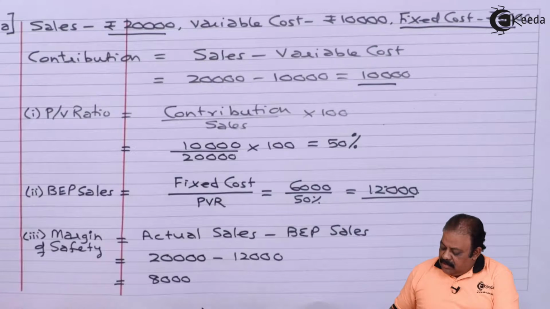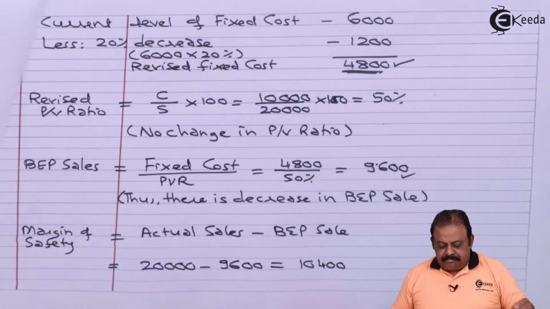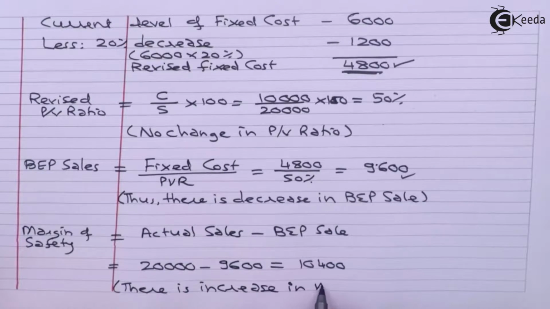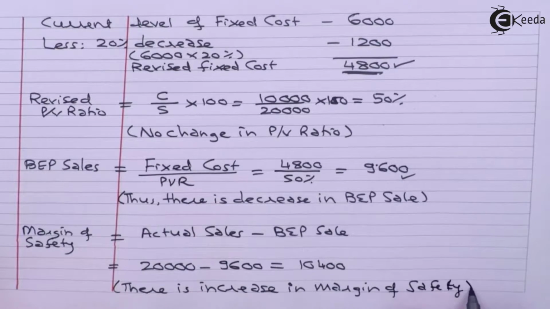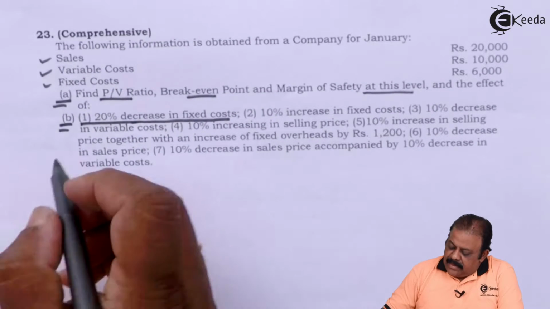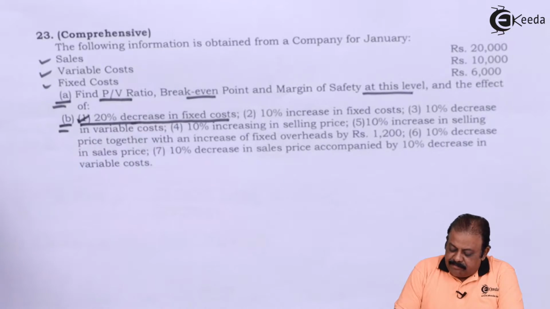At original level, margin of safety was 8,000, whereas now it is 10,400. Thus, there is an increase in margin of safety from 8,000 to 10,400. So we have completed the first part of sub question B.